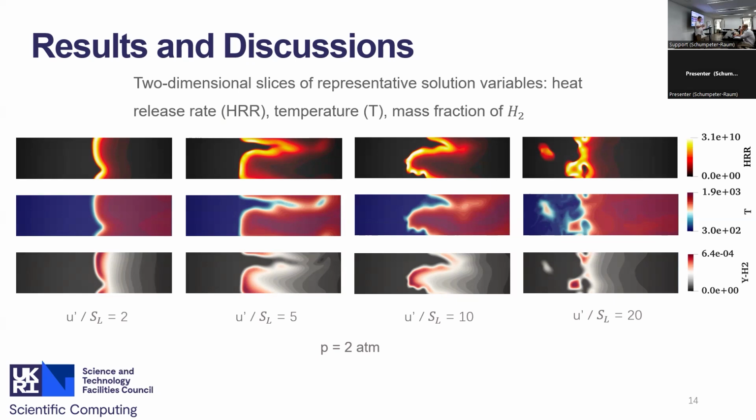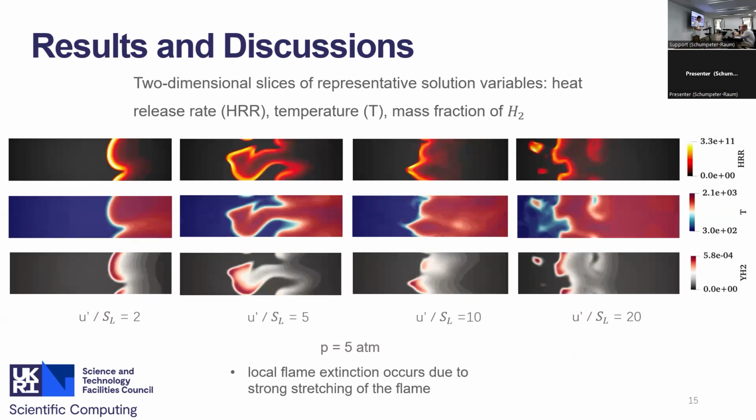It's because the strong turbulence interaction brings some high temperature zone upstream. Also, this domain is only a part of our computational domain, not the entire domain.